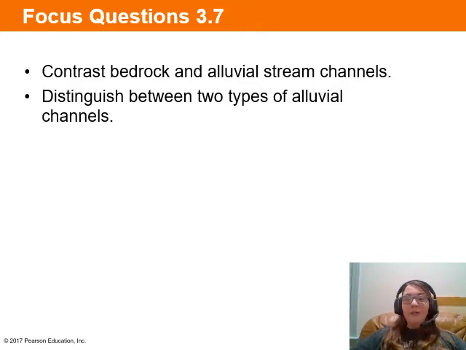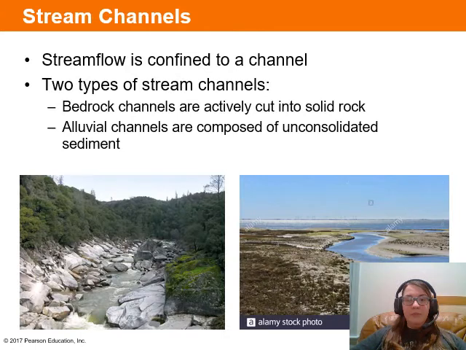So when we look at our streams, we're going to have two overall types called bedrock streams and alluvial streams. And they're going to deposit and erode sediment very differently from one another. So when we look at our bedrock channels, like here on the left, we'll see that this river is moving over solid rock, which is why it's called a bedrock channel.